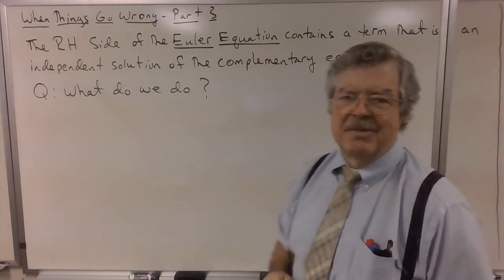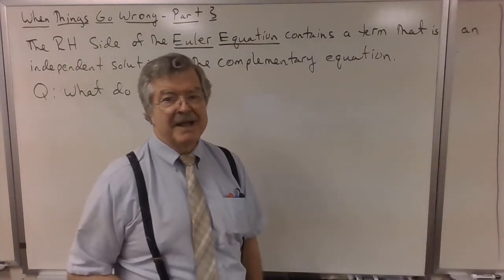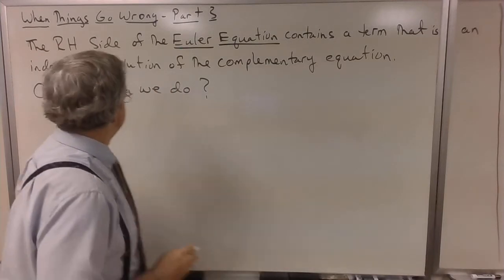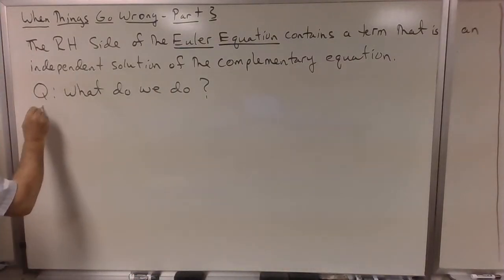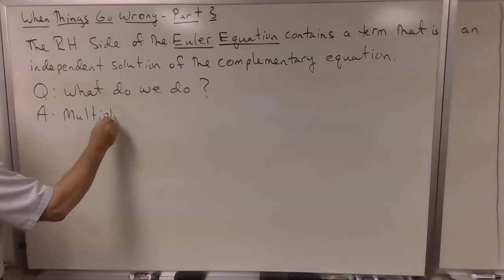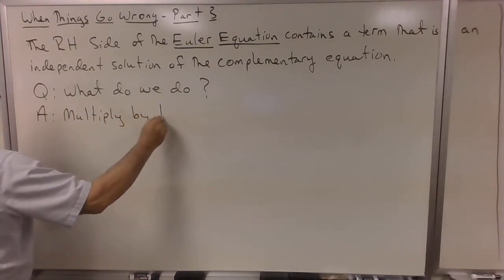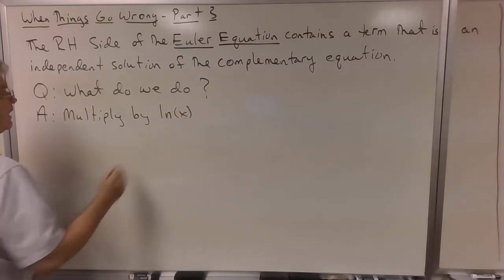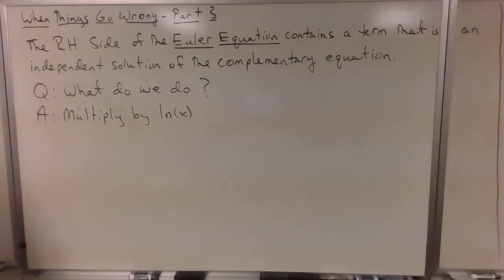If you guessed multiply by natural log of x, you're right. That turns out to be the thing to do. So let's look at an example where we have to do exactly this.